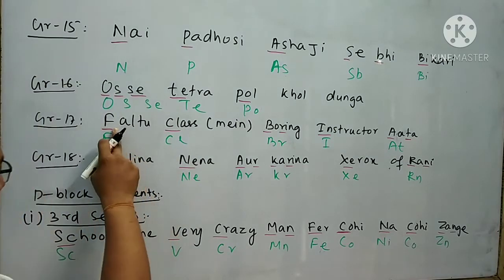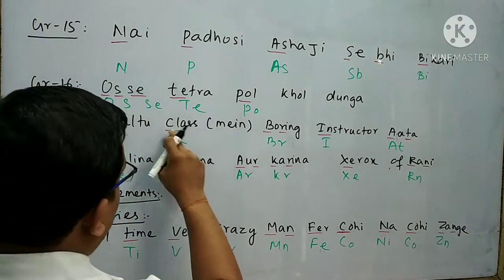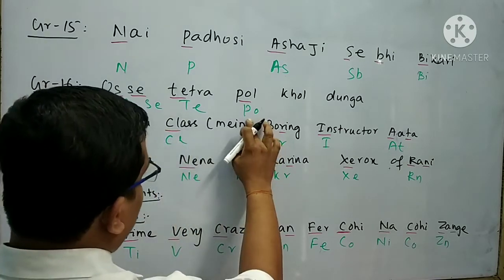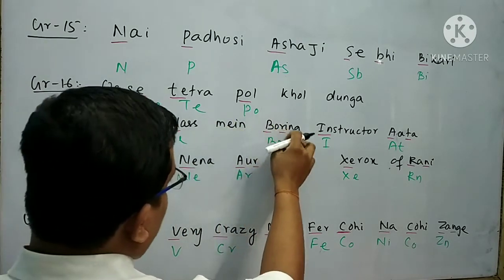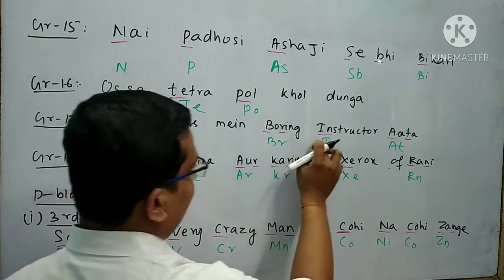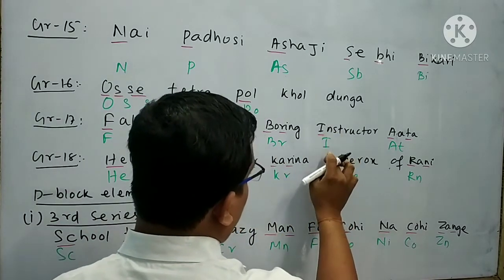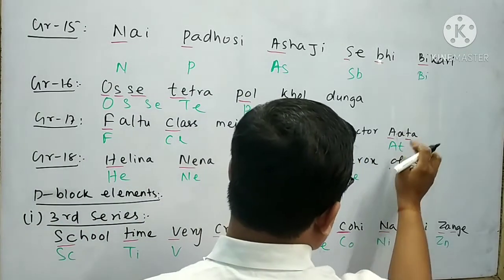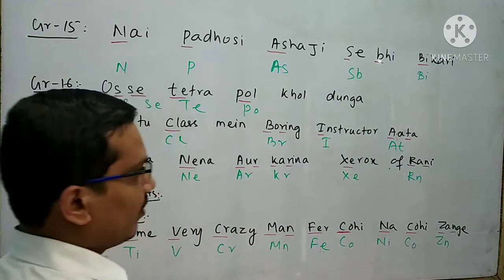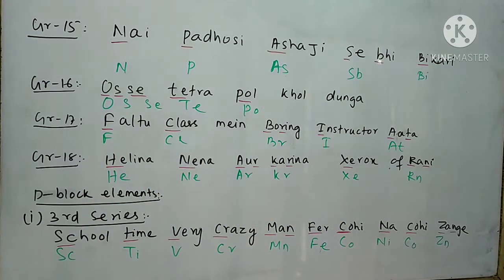Here F represents fluorine, Cl represents chlorine, Br represents bromine, I represents iodine, and the letter T represents astatine. Next thing, the group 18 elements.